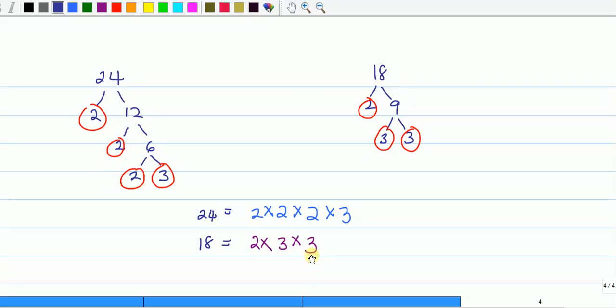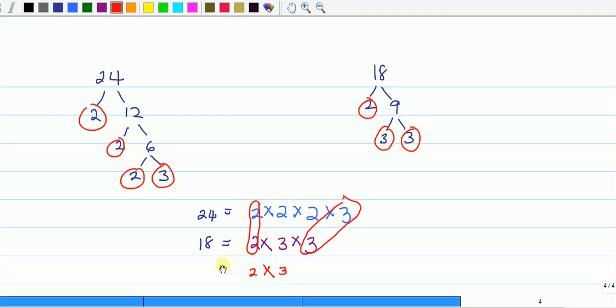Now we're going to look for what is common, the highest common factor. So let me switch colors here. I see that 2 is common, and I can get 3 being common. So we could write these down as 2 times 3.